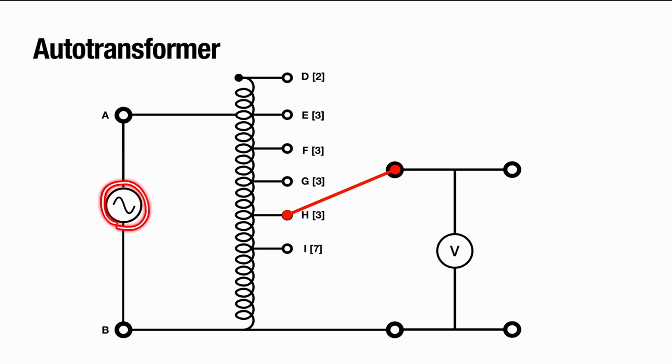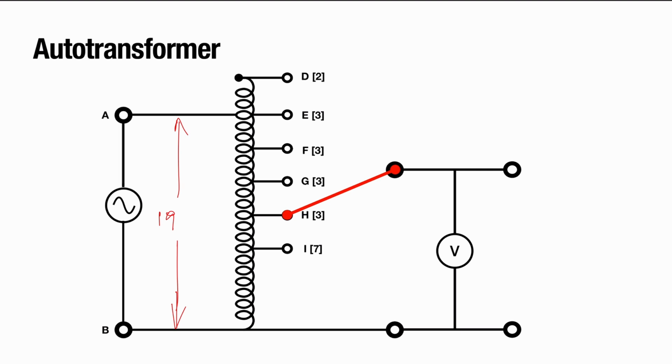Now, if you have a voltage on this side, the number of windings on this side of the circuit is going to be the sum of these: 7 plus 3 plus 3 plus 3 plus 3. That is the number of windings we will have on this side. What is that? 10, 16, let's say 19. So the number of windings on the primary side is 19 windings.